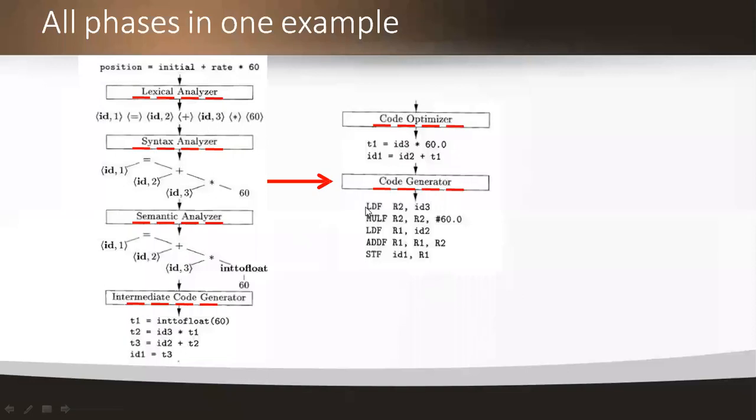And this is the way the process is carried out with the various phases of compilers. With an example, I think you all clearly understand how the process is carried out with the various phases of the compiler by taking a source program and getting an executable object program.